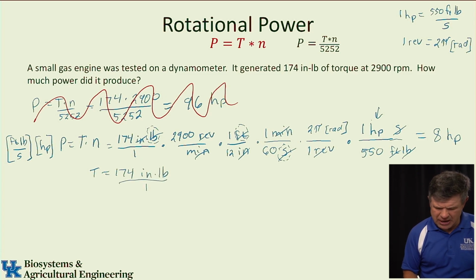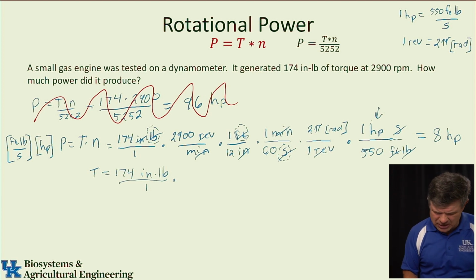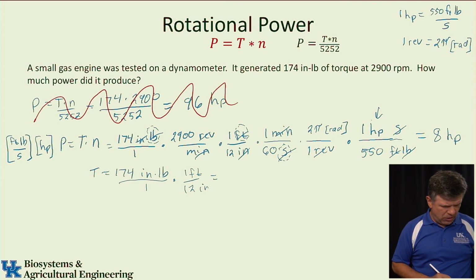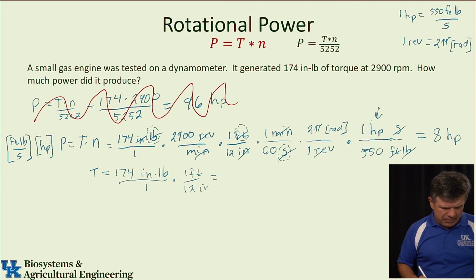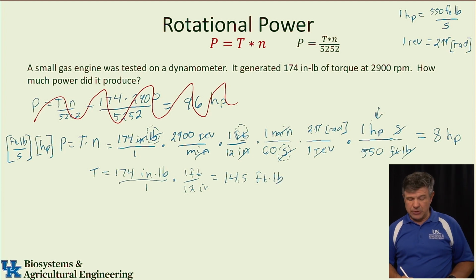That's a fraction. If I want that in foot-pounds, I got to get rid of the inches, so I have to say that 1 foot is the same as 12 inches. And if I multiply 174 divided by 12, that tells me that that is 14.5 foot-pounds. Right there. So that's my torque.